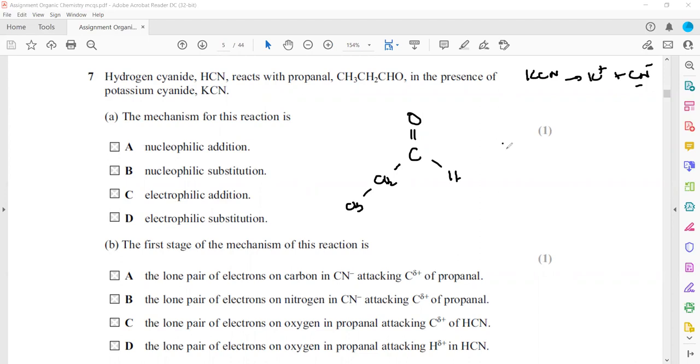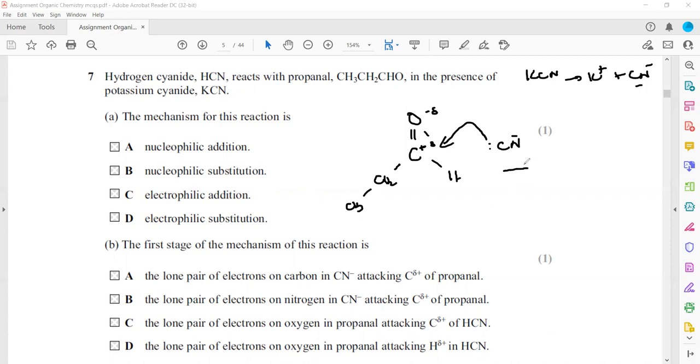Because oxygen is partial negative and carbon is partial positive, this CN- has a lone pair, a pair of electrons, that can attack on this partial positive carbon.